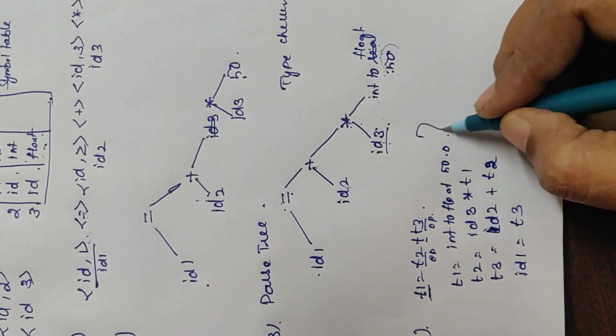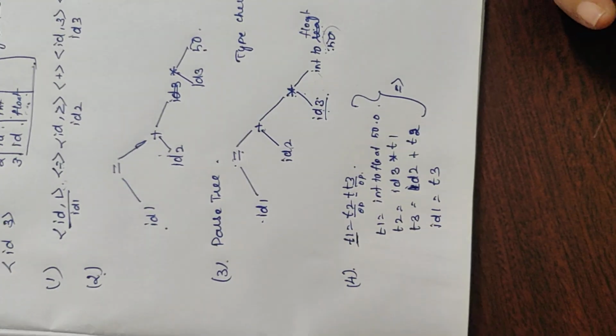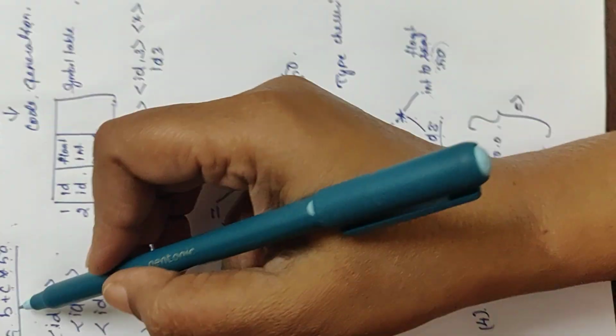Okay. So now this is the intermediate representation of the code which is given here.